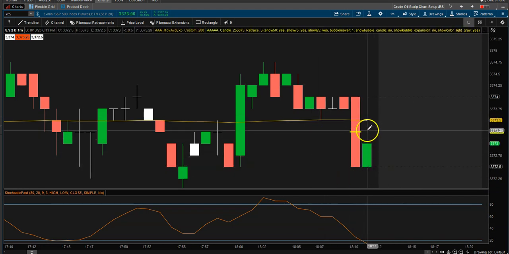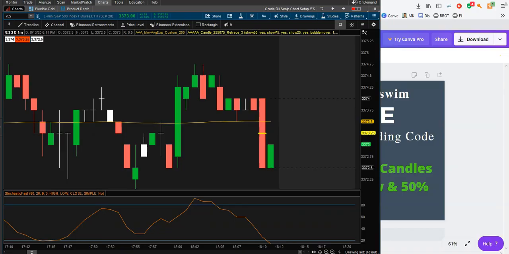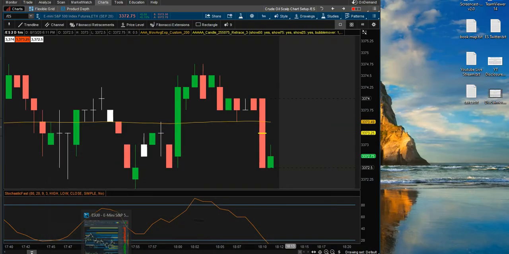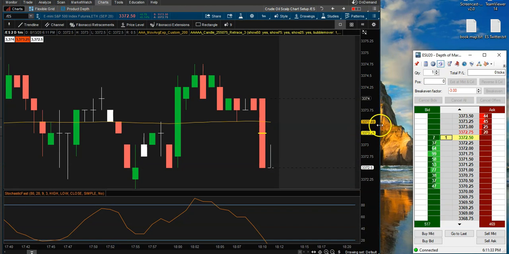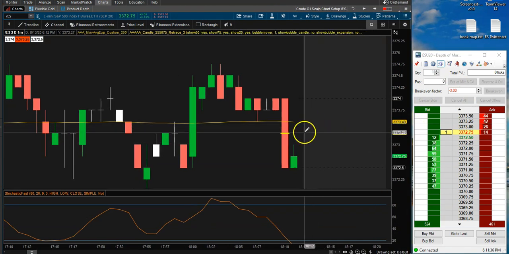So let's say we're looking to day trade this, and we're looking for a retracement type of trade. We could do something like this right here, and say, hey, we want to look for a short back up into this level.